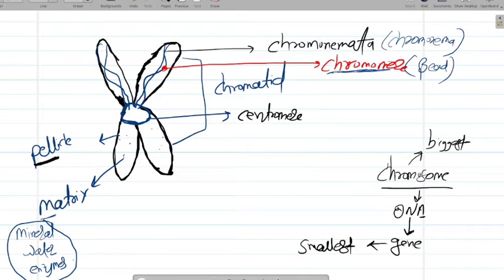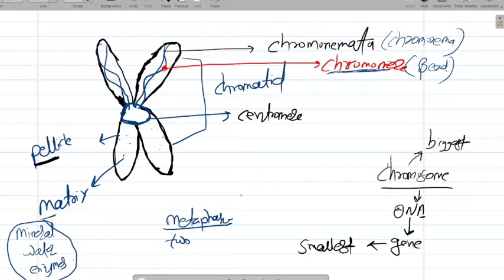Via chromomeres they will be joined. If you want to study the good structure, a very basic look or depth structure of a chromosome, then you should study during metaphase of cell division. Because in metaphase, a chromosome has two chromatids, one chromatid this, second chromatid this.